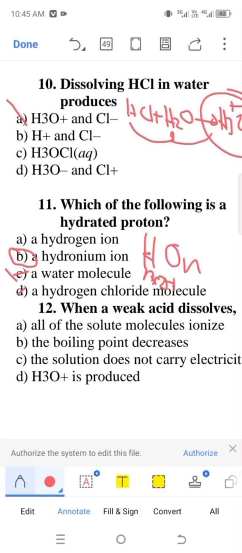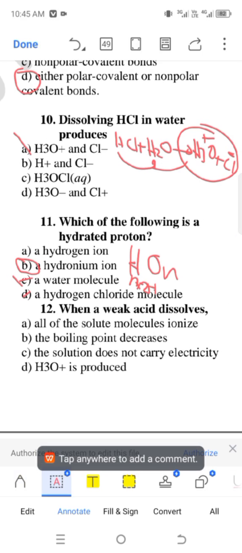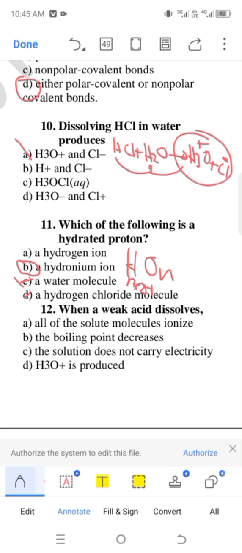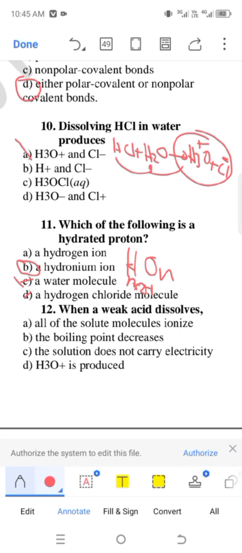Question number 12. When a weak acid dissolves, do all of the molecules ionize? No, because weak acids are molecular compounds that ionize partially, so not all of the molecules ionize. The boiling point decreases?